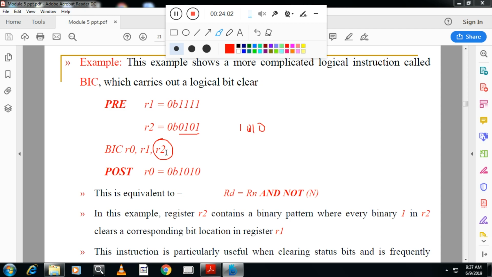That we will AND with 1111. That time you will get the answer 1010, which is stored in R0. So first NOT operation of n, then AND with Rn, that is Rd. This you have to write from the exam point of view.